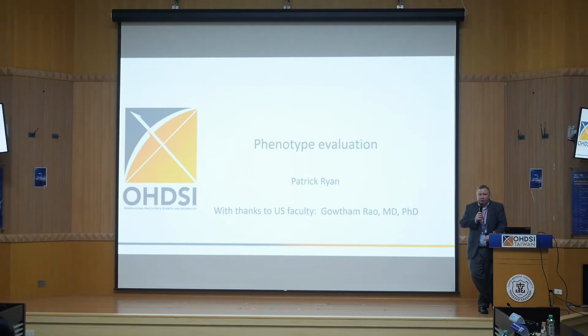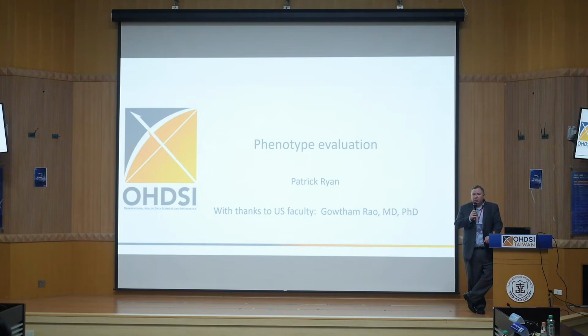So, for example, Jan went through it pretty quickly, but he created a new user cohort of lisinopril where he said, you must have a drug exposure record of lisinopril. And then he created an inclusion criteria which says, must have hypertension in the prior 365 days. And Jan's assertion was that those are the people that we want to study, the people who took lisinopril who previously had hypertension.